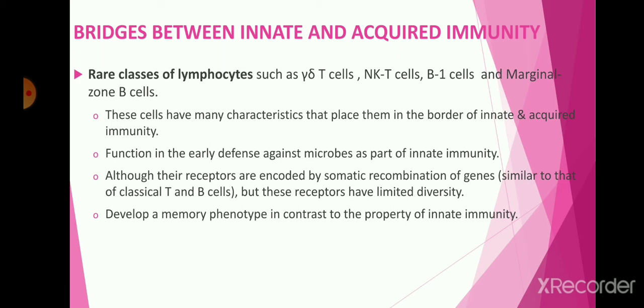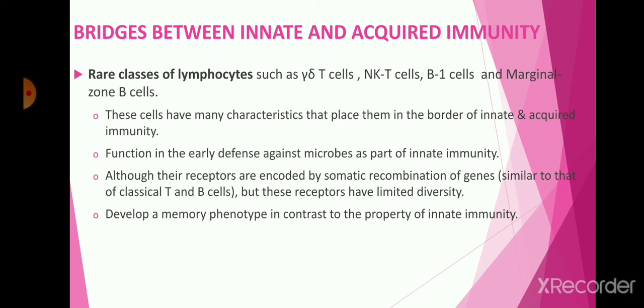There are three main gene segments that recombine, that is V, D and J. These three segments recombine to produce the classical T cells and B cells which produce specific antibodies against specific microorganisms.